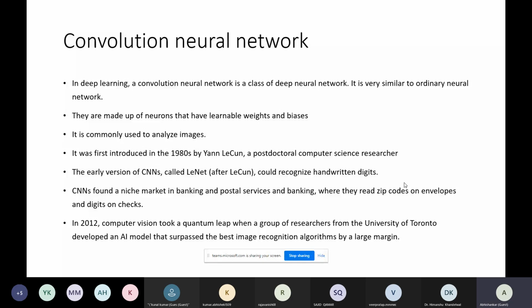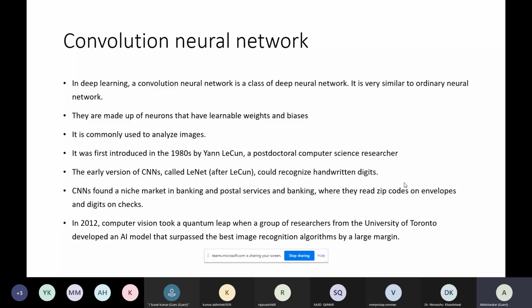Okay. So it was first introduced in the 1980s by Yann LeCun. This guy is now with Facebook, if I'm not wrong. I think he is the director of Facebook AI now, and he leads computer vision and such.